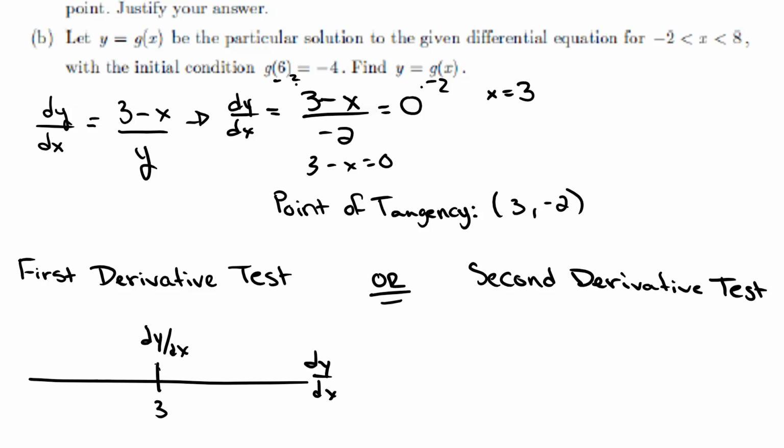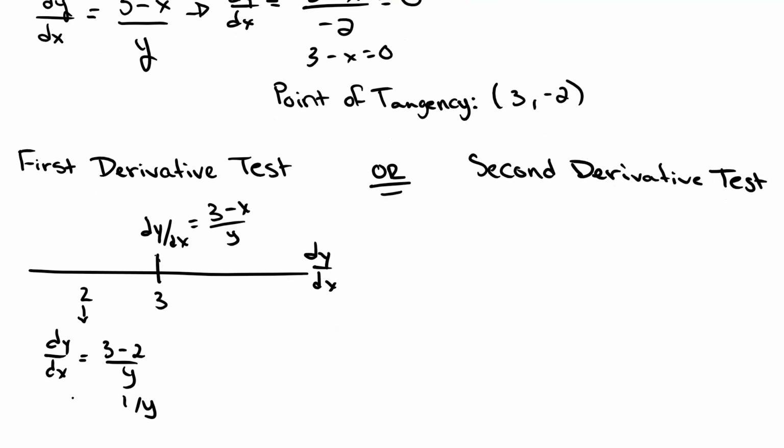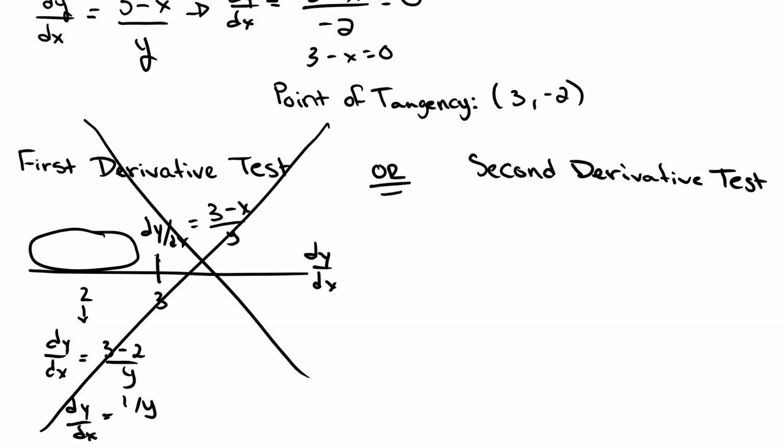We run into a problem with this, though, because if I pick a value here, let's say I picked 2 as my value on this side, then I'm going to have my derivative is equal to 3 minus 2 divided by y, or 1 over y. But I don't know anything about that value y, so I'm not able to determine what sign we have here, positive or negative. And the same will be true on the right-hand side of that point. So the first derivative test fails. We're not able to use that in this problem.